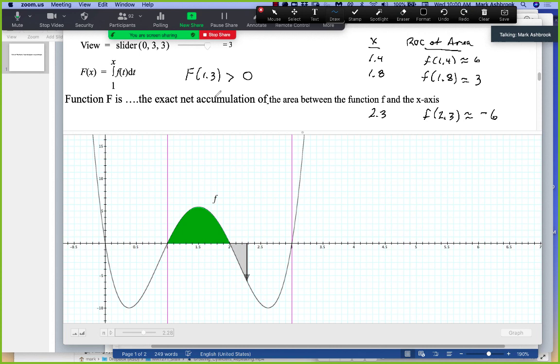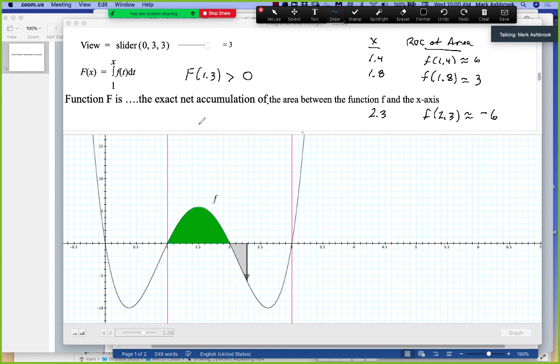So for what x value will this come back down to 0, about? What would you say? Capital F is going to be 0. Like 2.6, 2.7. Yeah, maybe somewhere in here, just guessing.